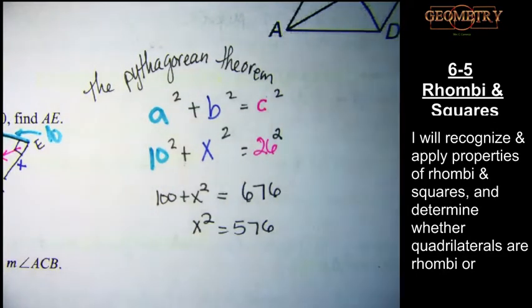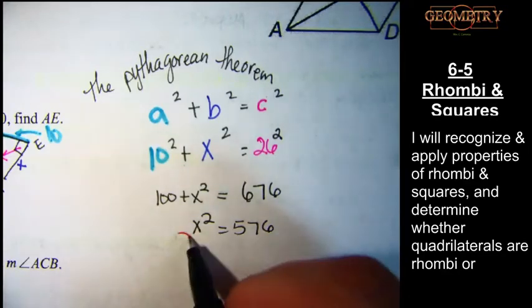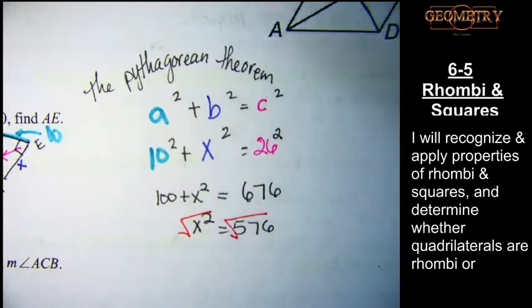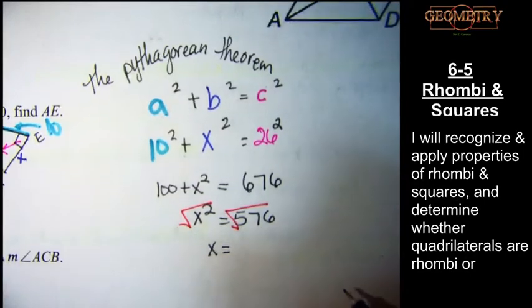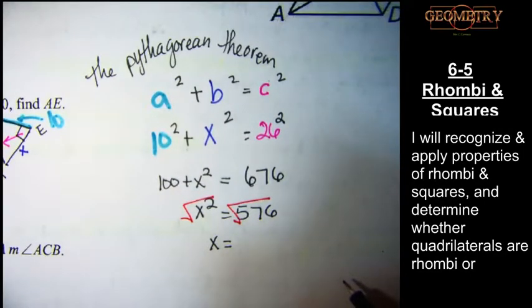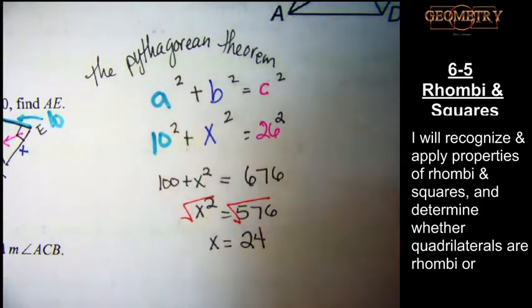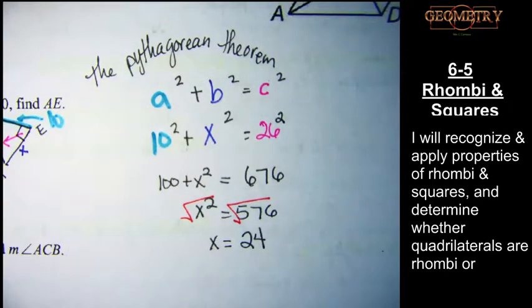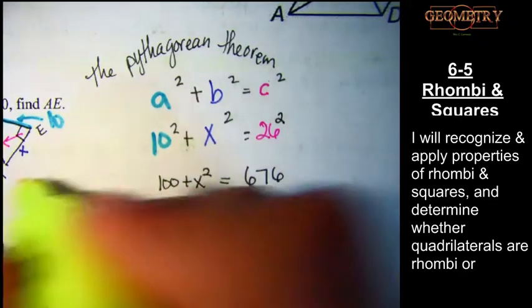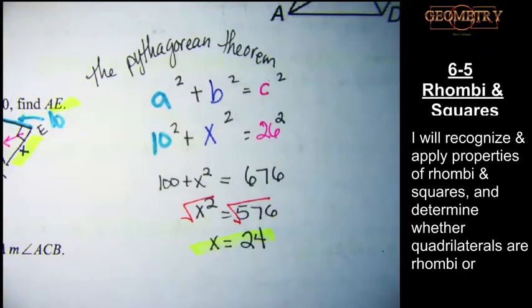And then I'm going to need help again because I don't know what the square root of that is. It's a race to see who gets the calculator answer first. 24. All right, and that looks like what I was being asked for. So my answer on this one is 24.